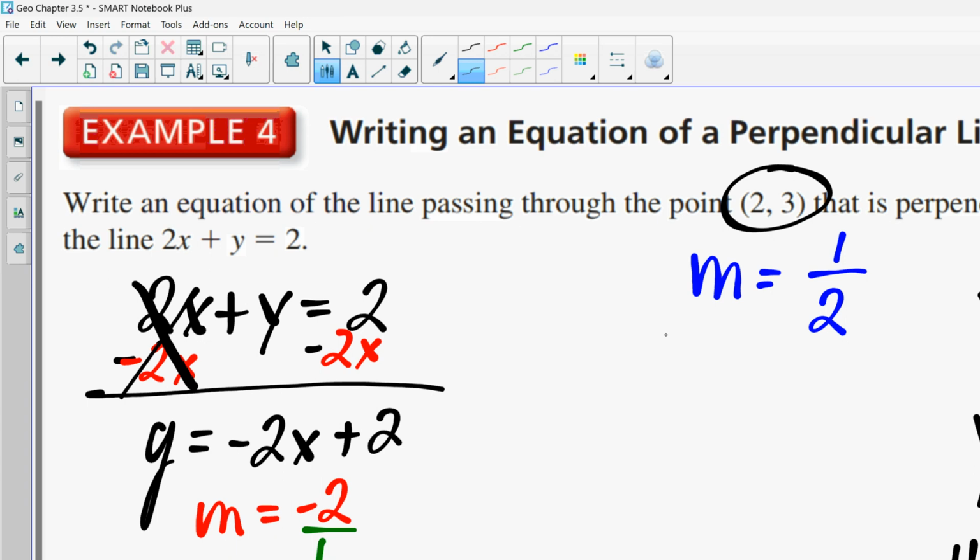Now we're going to do 1/2 times -2. Well, it's going to be minus 1. 1/2 times -2 is -1. They were kind of nice and gave us a whole number instead of a fraction.